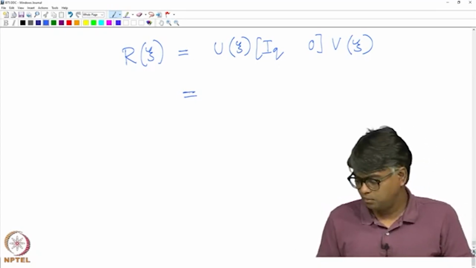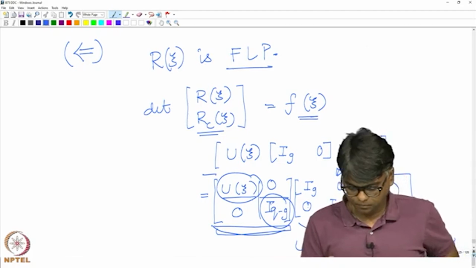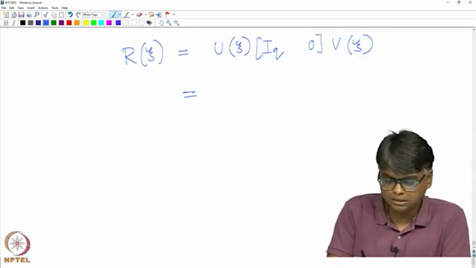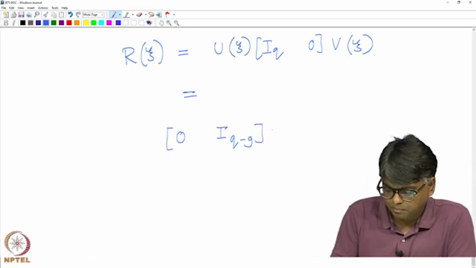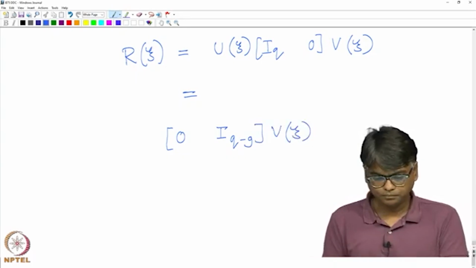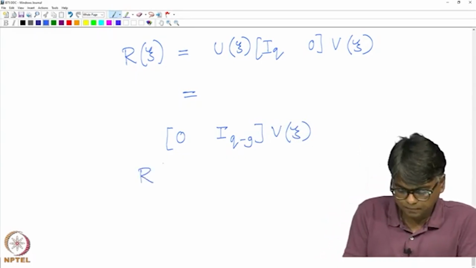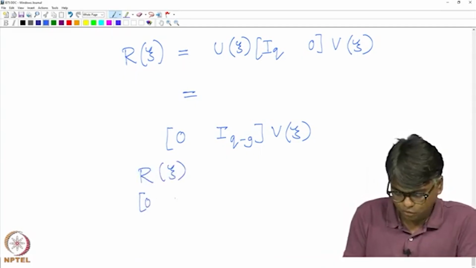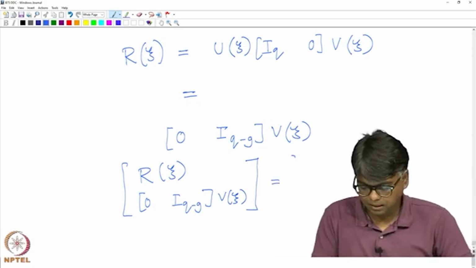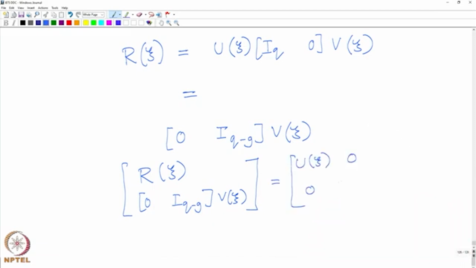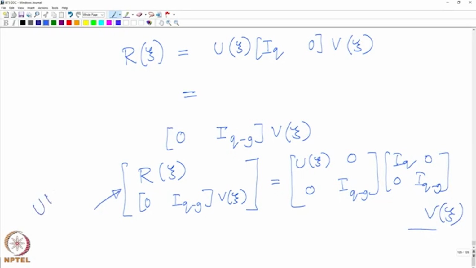If I just look at 0 I q minus g multiplied by V xi, and I take R xi and put below it 0 I q minus g acting on V xi, then this entire thing is nothing but U xi 0 0 identity of q minus g, multiplying I q 0 0 I q minus g, multiplying V xi, and this is a unimodular matrix. So that means this is a unimodular matrix.